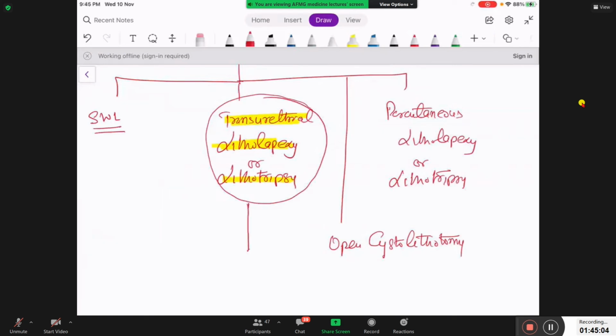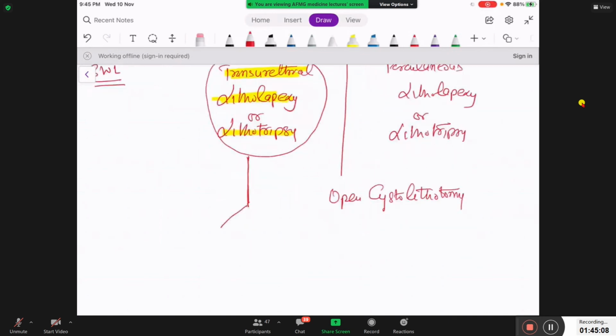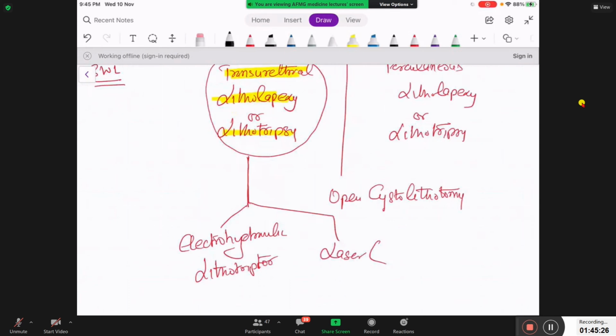In this litholapaxy or lithotripsy, just note this, we can use an electrohydraulic lithotripter. We can also use laser. The laser used here is holmium laser.